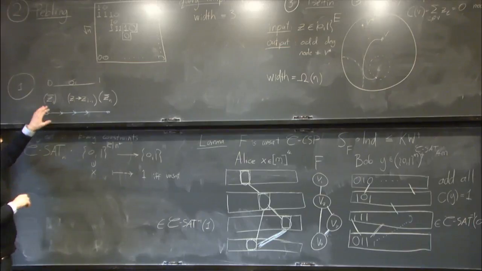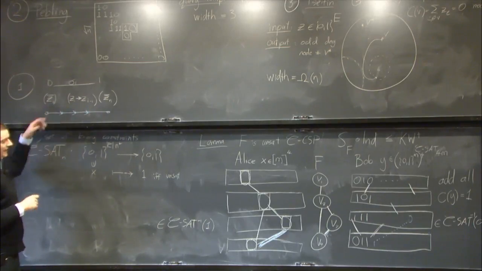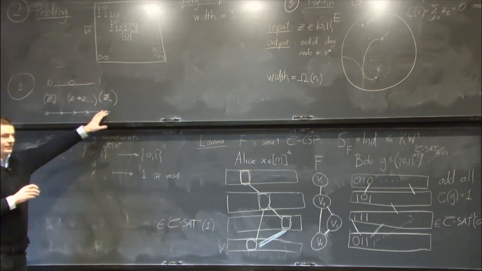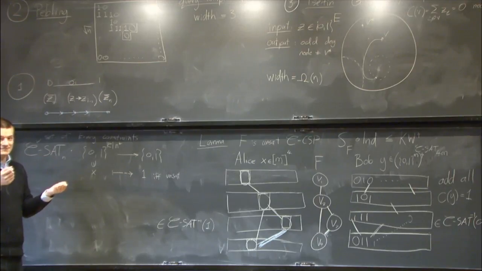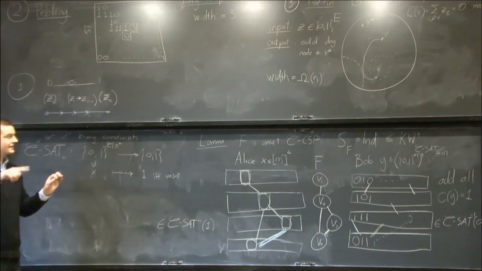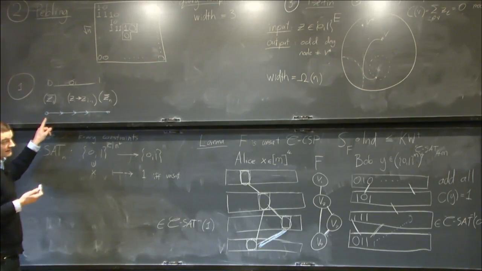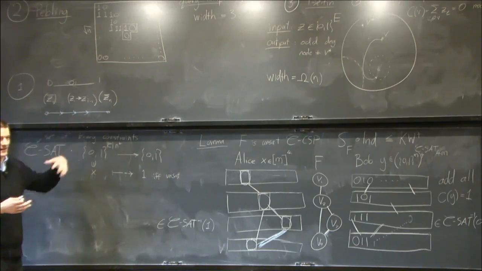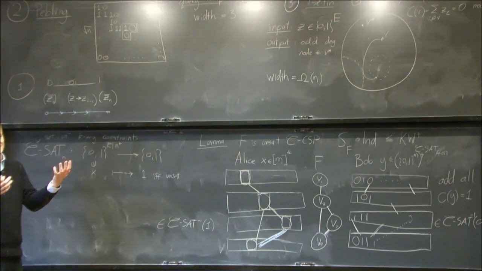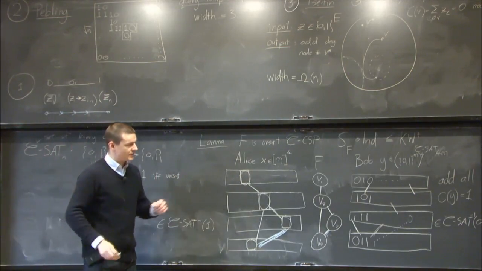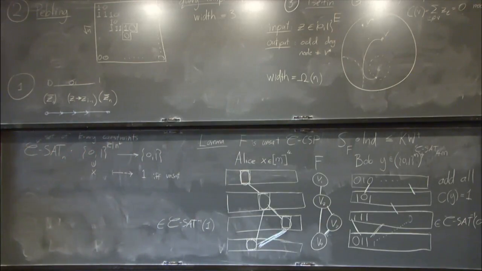If you look at the CSAT problem for clauses of this type, we're given some variables that need to be assigned true, some false. That's like defining S and T, a set of S's and a set of T's. And I'm just asking, is this satisfiable? It's exactly unsatisfiable if there's a directed path of implications from the true variables to the false variables. So in fact, in this framework, you can also get lower bounds for st-connectivity and for other problems.